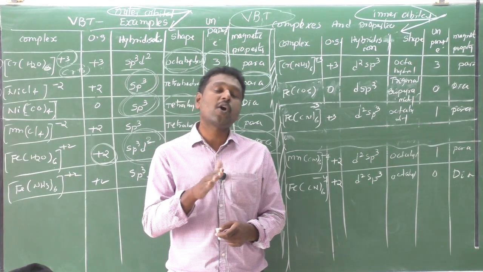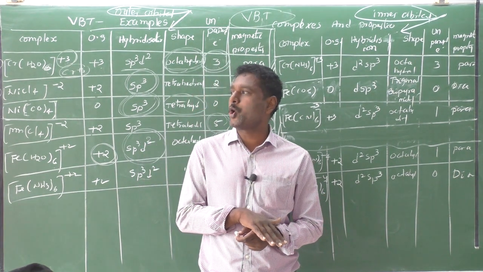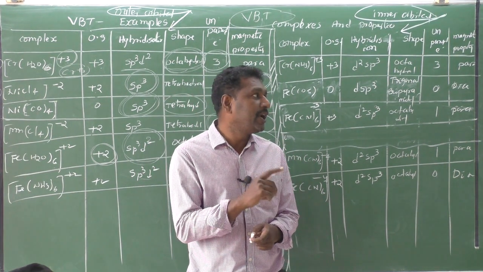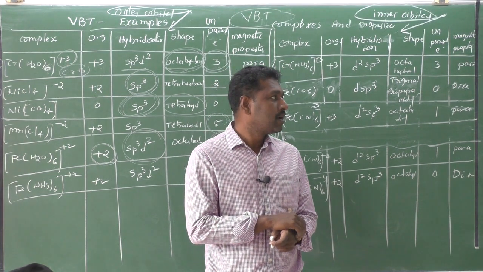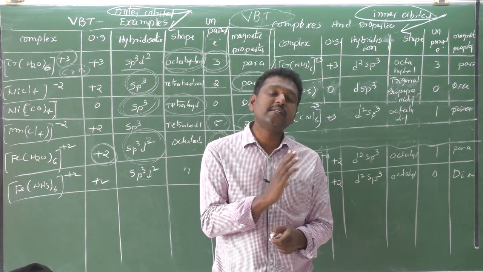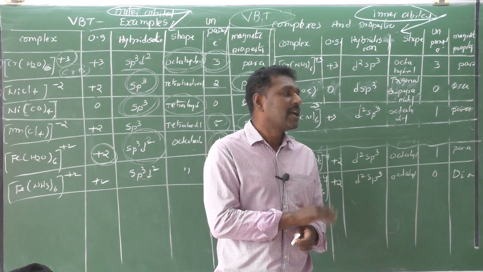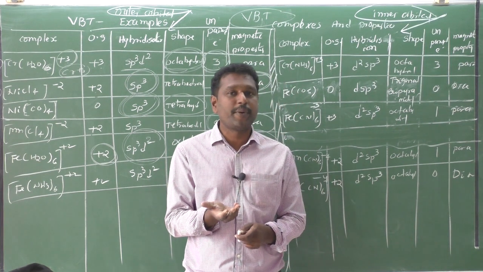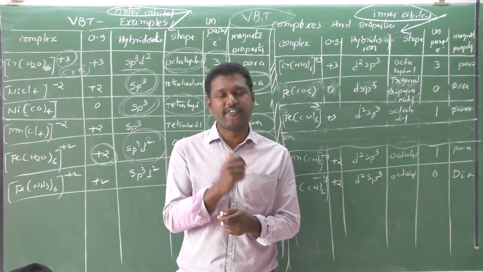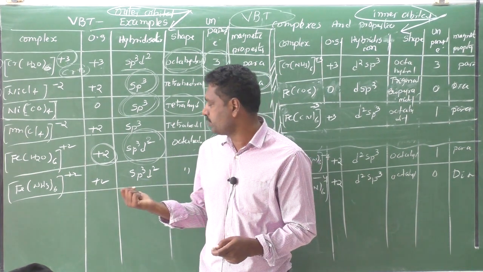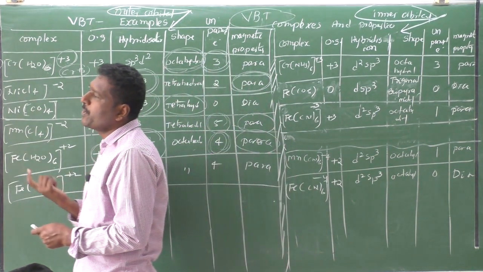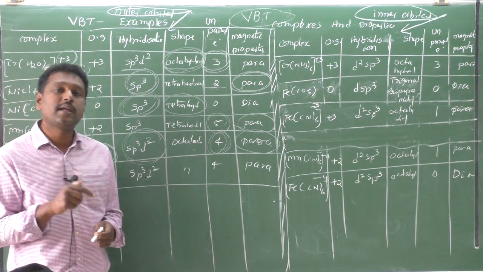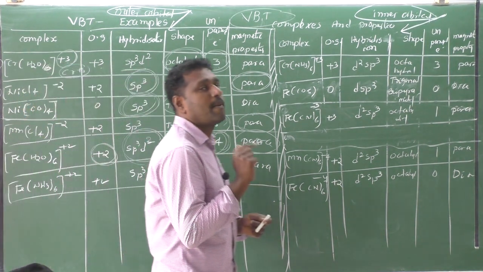If it is an inner orbital complex compound, its hybridization is d2sp3. So d2sp3 means inner orbital complex, sp3d2 means outer orbital complex. That is the difference.